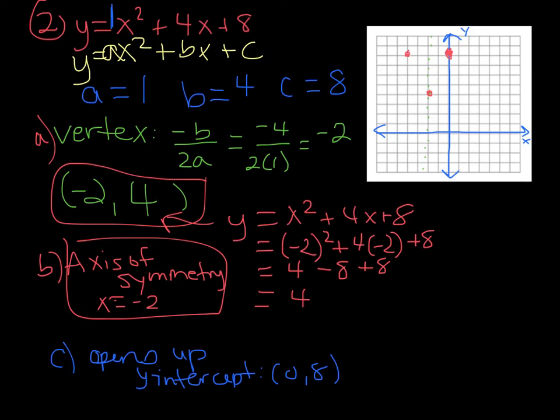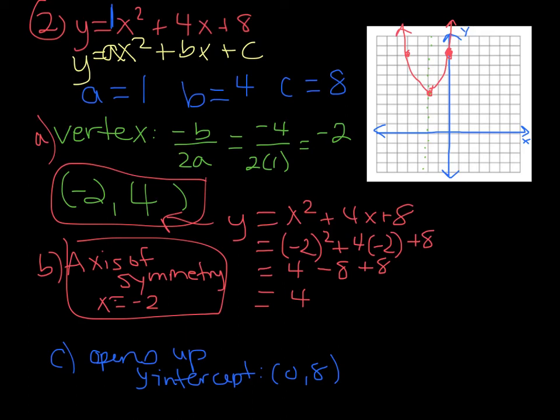So you'll notice that my y-intercept is 2 spaces away from my axis of symmetry. I'm going to do the same thing on the opposite side. And from there, I'm going to graph it, and sure enough, it's going to open up, which is what I wanted it to do. And that's my answer for that one.